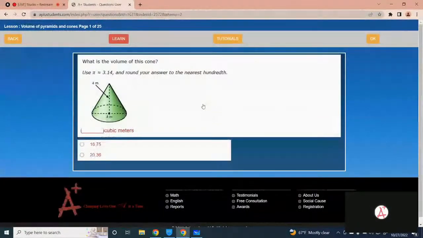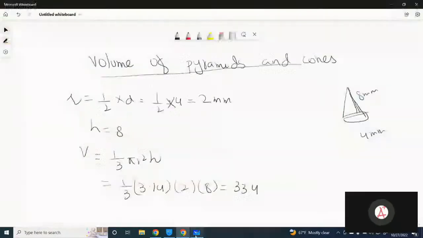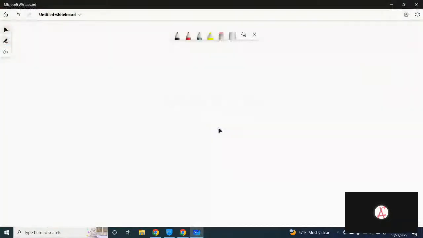The height is 4 and the radius is 4. Here is the cone. The height of the cone is 4 meter and the radius of the cone is also 4 meter.